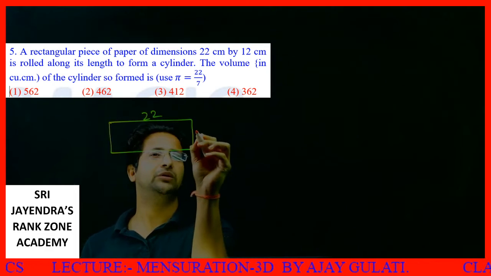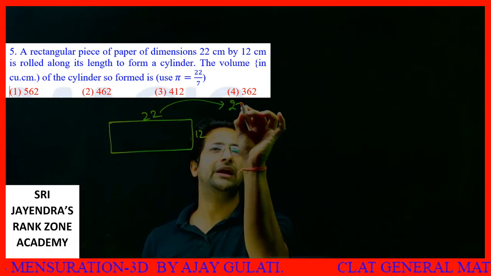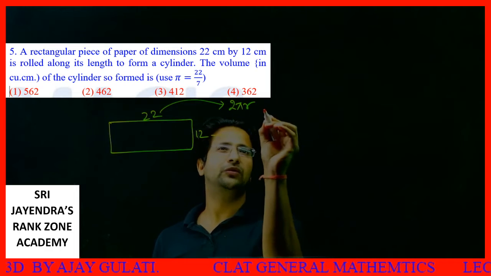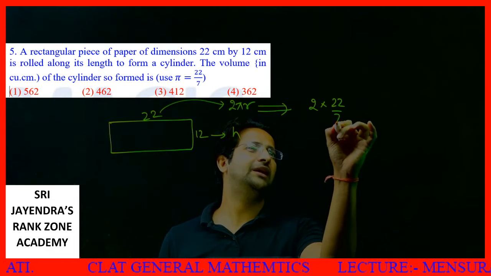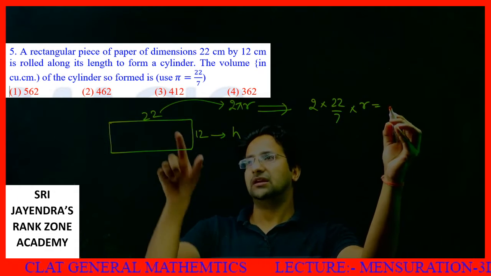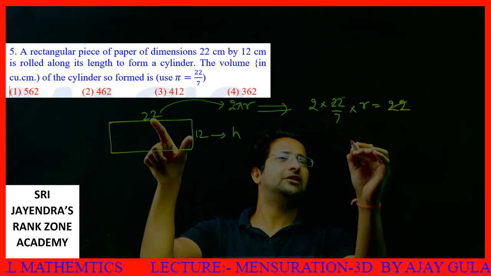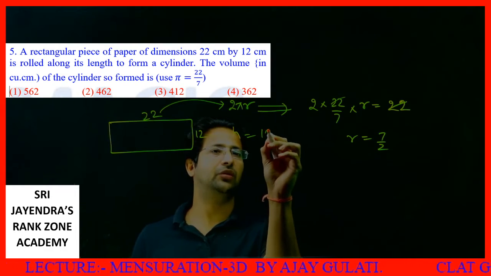This is 22, this is 12. Just now I told you this part gets converted into 2 pi r and this is the height. So 22 is equal to 2 pi r. That means 2 into 22 by 7 into r is equal to 22. 22 cancels, so we get r is equal to 7 by 2. We already know the height: height is equal to 12.